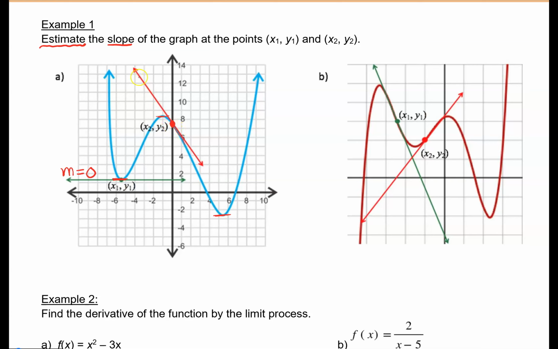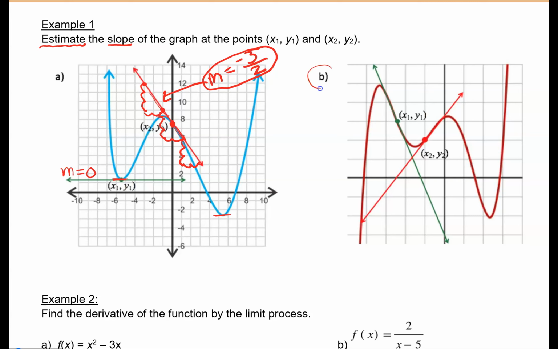So if I just draw this tangent line here, I can take a couple points on it and figure out the rise over run. It looks like it's roughly going down 3 and over 2 for the rise over run, change in y over change in x. So we could estimate that slope to be -3/2.